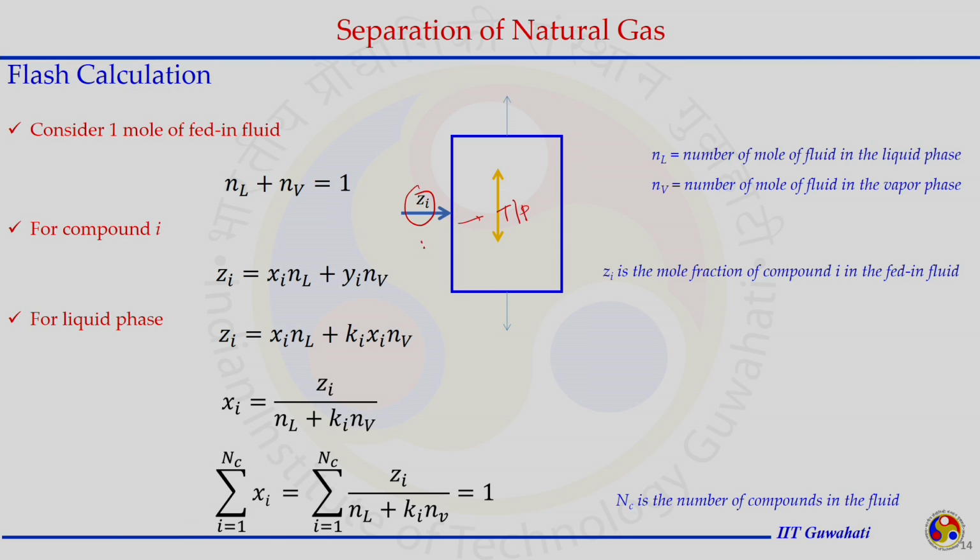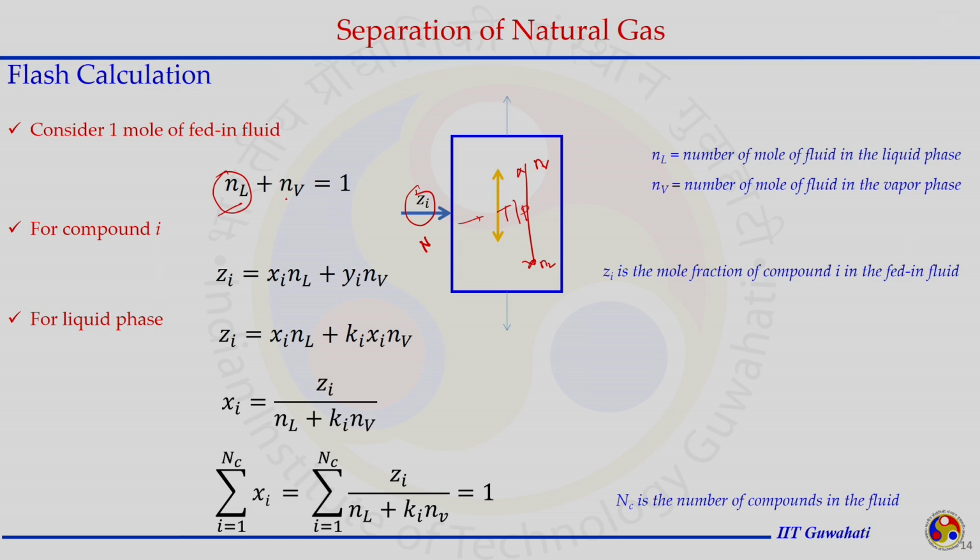We have a total of Nc components entering here. Considering 1 mole of feed entering, we can classify how many moles of that total 1 mole of feed are going to be in the vapor phase and how many are going to be in the liquid phase, and if we sum both of them, that will be equal to the mole fed into the separator.